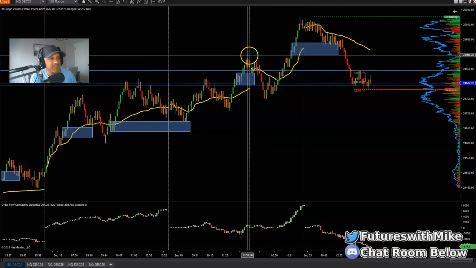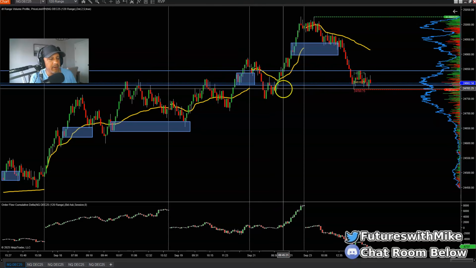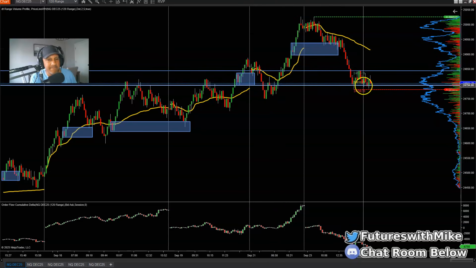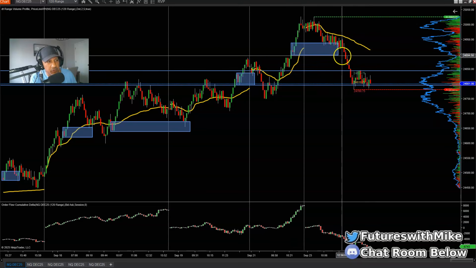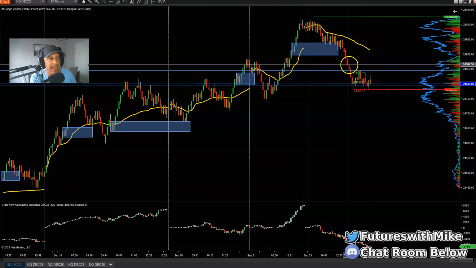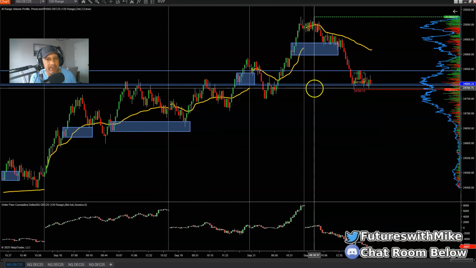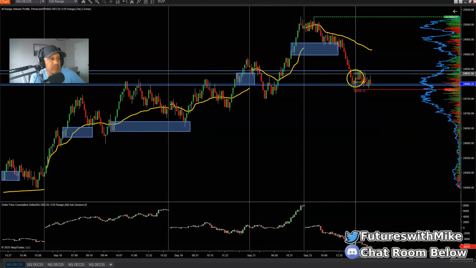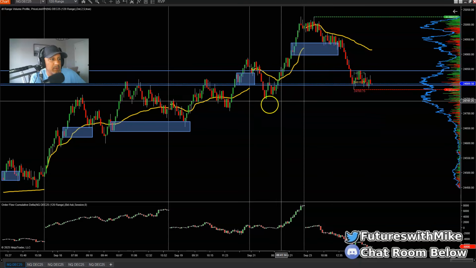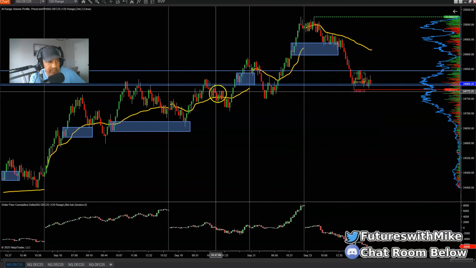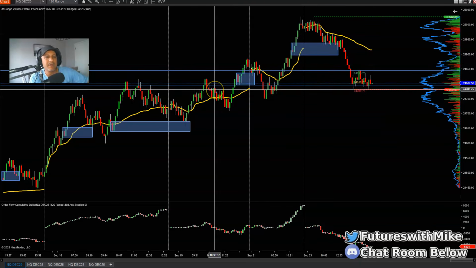So you have a shoulder right here, the head, and then another shoulder coming down, making a lower high and then a new low. That's going to be the full-on sign of a reversal. If the market made a lower high here and came down and broke below this structure, I would say the market has shifted on the higher base chart.